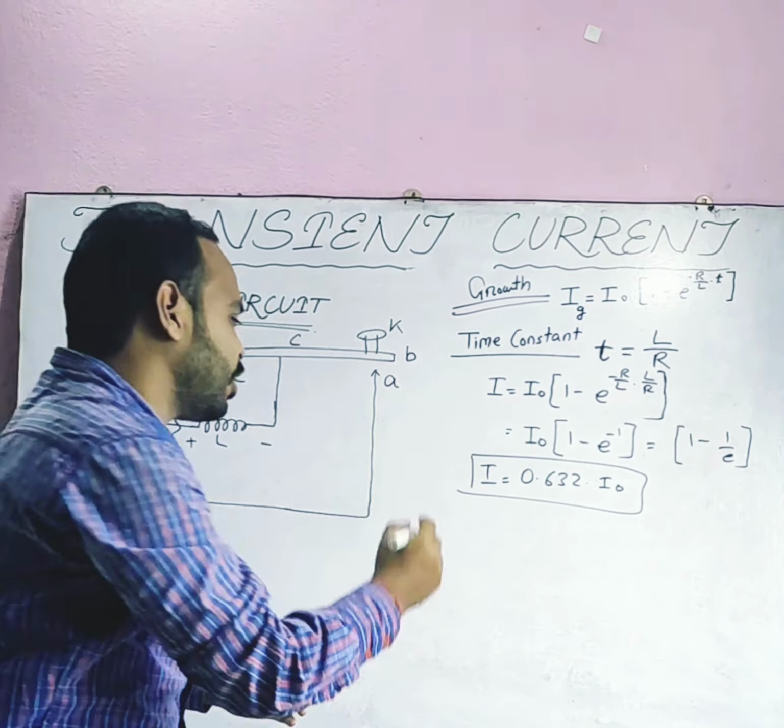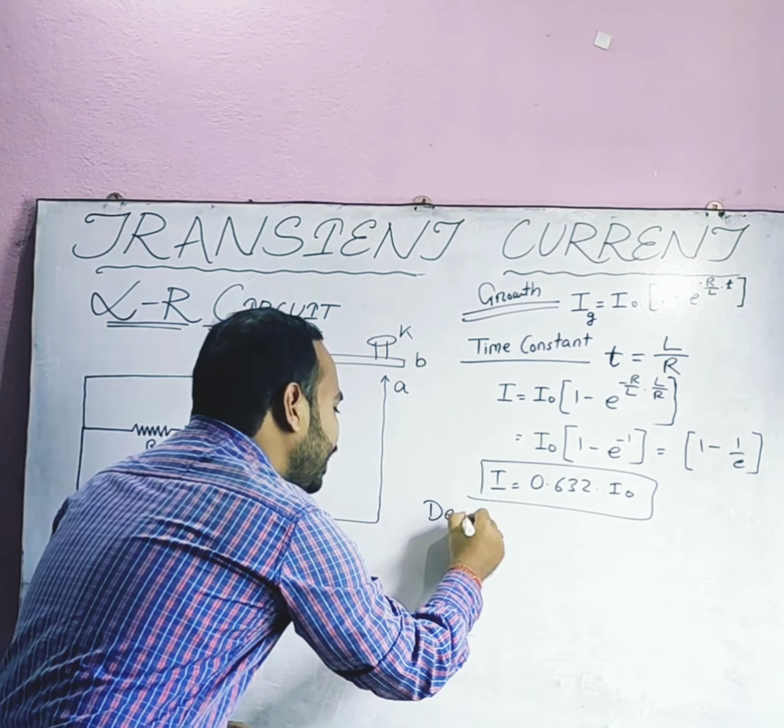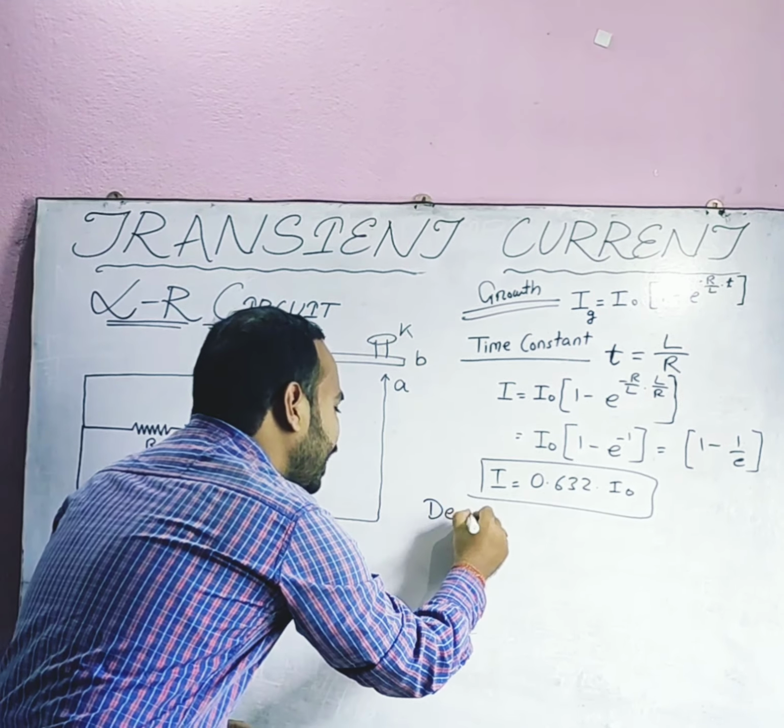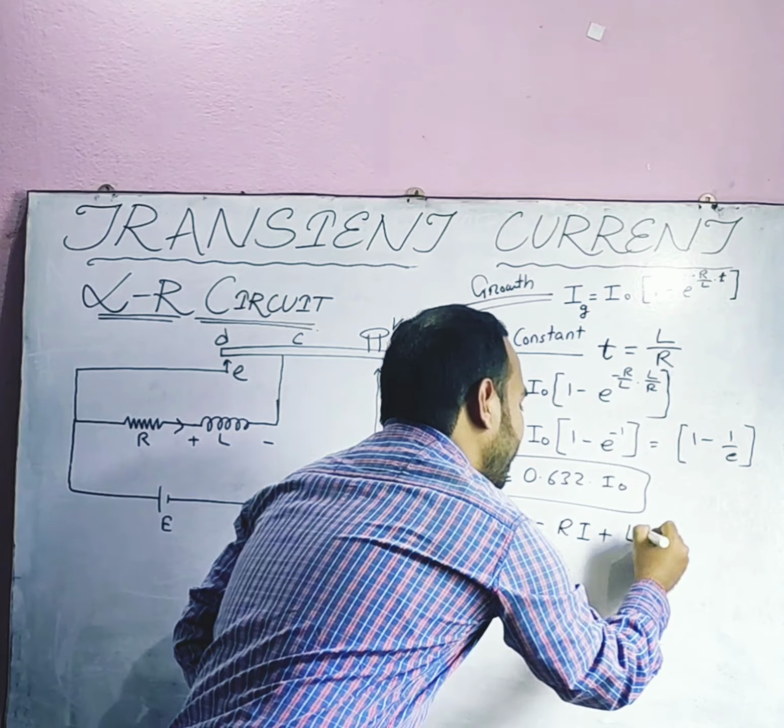Now let us discuss the decay process of the circuit. In the decay process, the voltage equation can be written as 0, because here the source is completely cut off. So 0 equals Ri plus L di by dt.